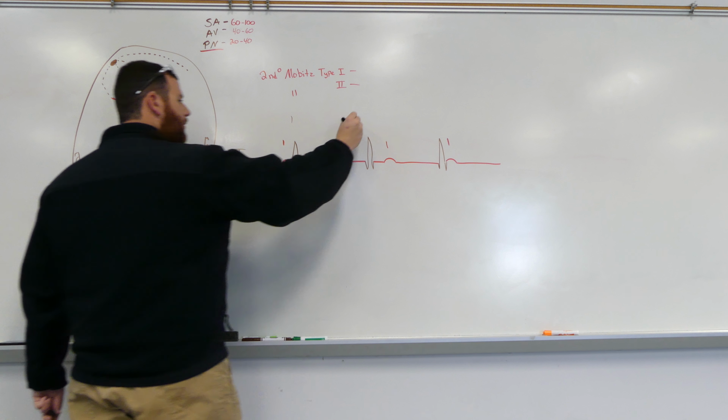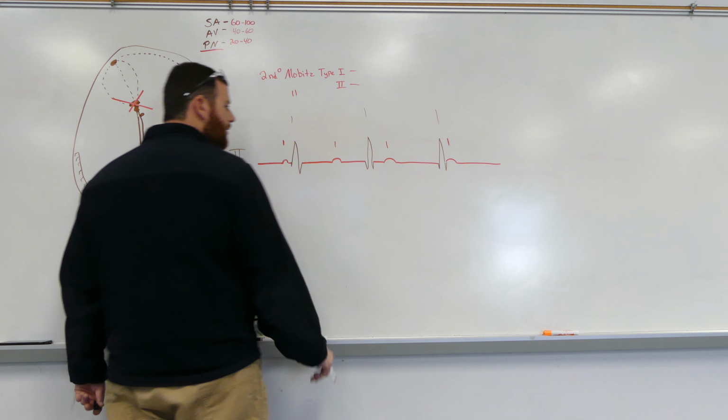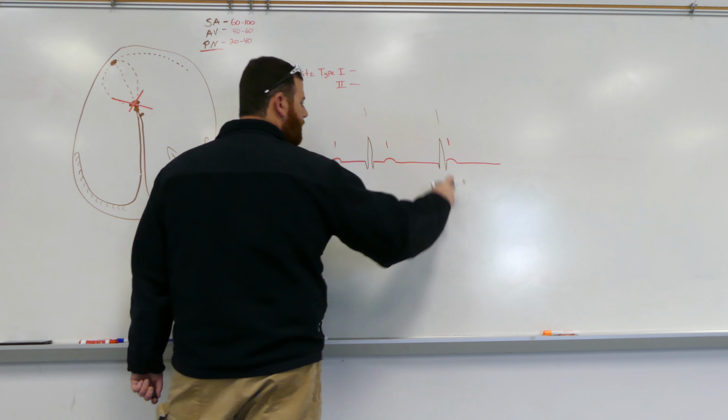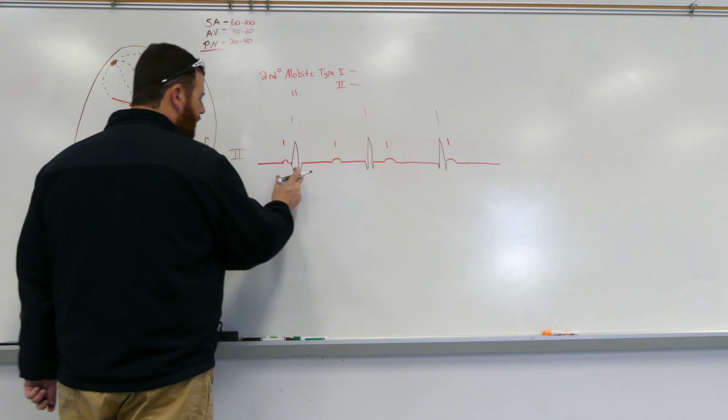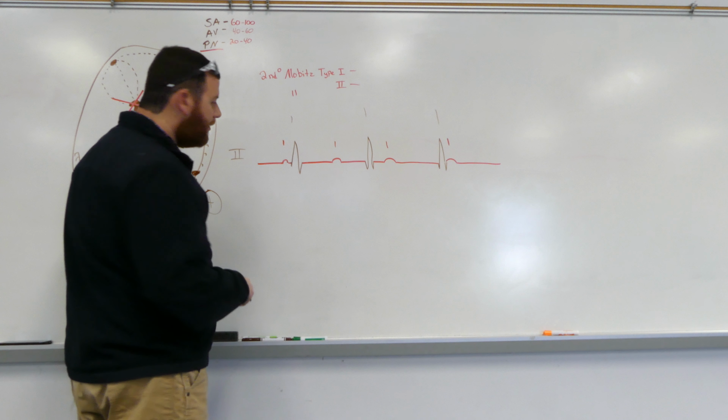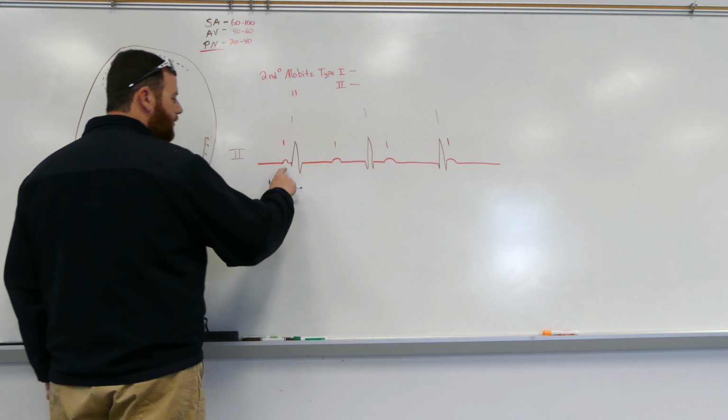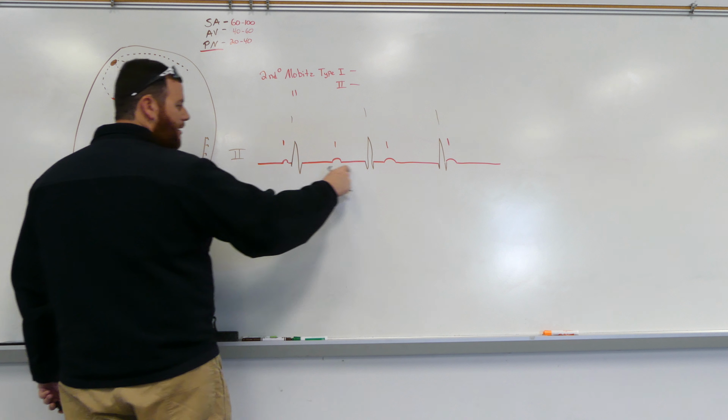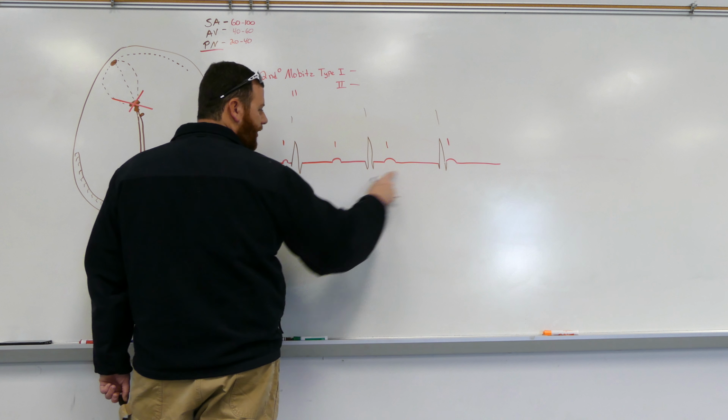So, QRS, QRS, QRS. The QRSs march out with each other. Now look at this PR interval. Oh wait, there's not a PR interval in a third degree AV block, and that's because there is no correlation between the P wave and the complex.